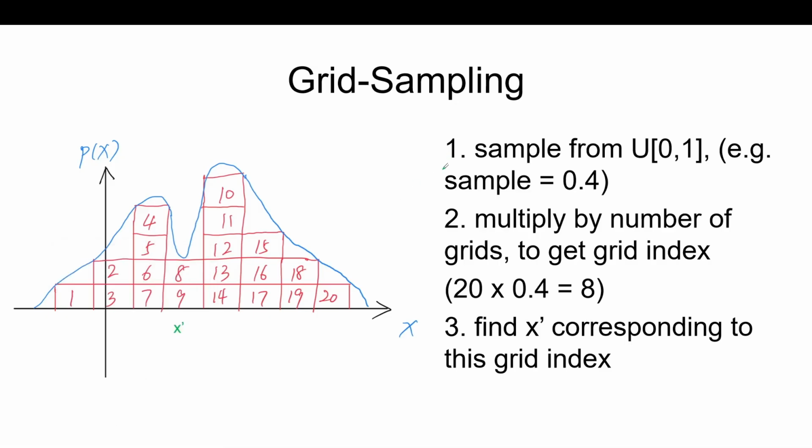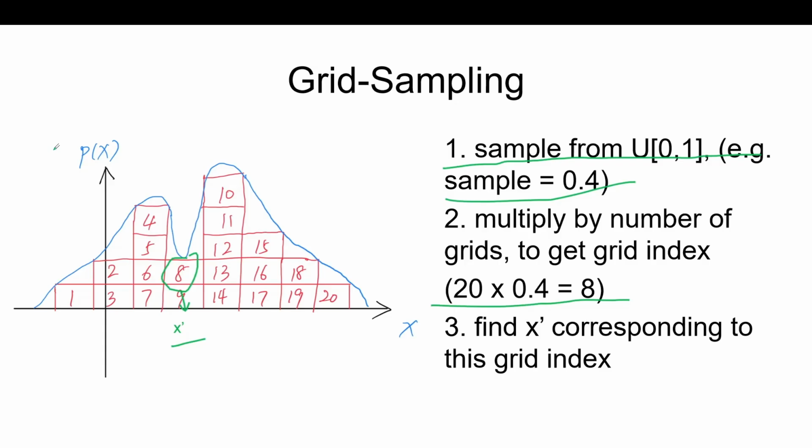We generate a sample from the uniform distribution 0 to 1. For example, if we get 0.4, we multiply it by the number of grids, 20, to get the grid index 8, which is the grid being sampled. Once we get this grid, we can find the corresponding x prime. This x prime is the sample we want to generate from p(x). That's the general idea of grid sampling.